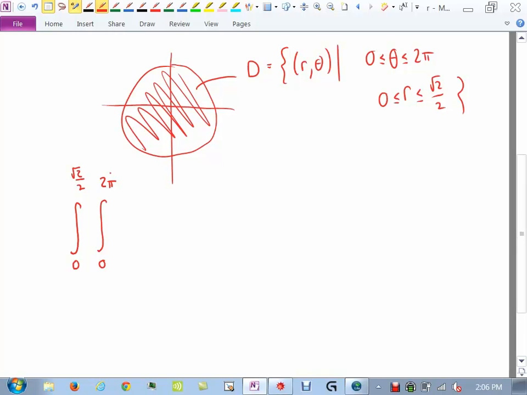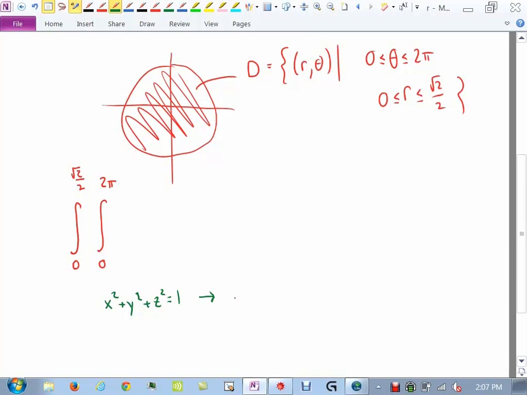Which is the function that created the top of this solid? It's the sphere, which means you have to solve the sphere for z, which we haven't done. But it's the square root of 1 minus r squared, right? Because we have x squared plus y squared plus z squared equals 1.